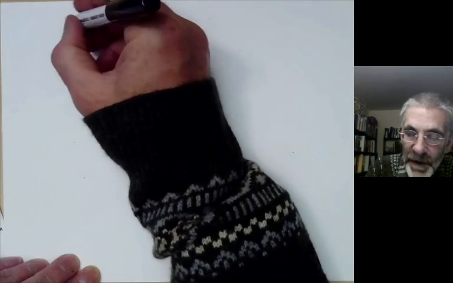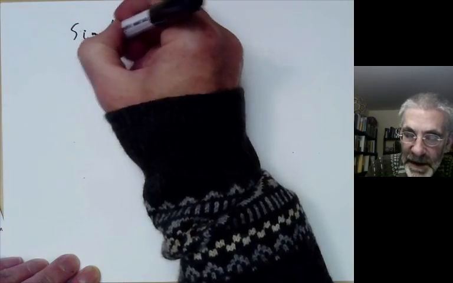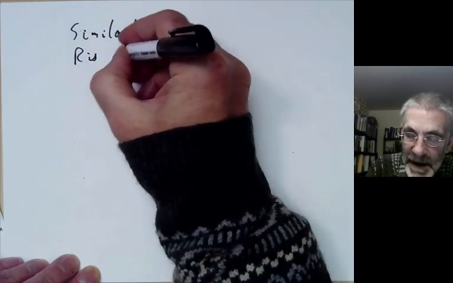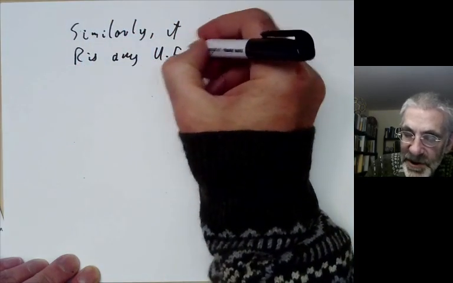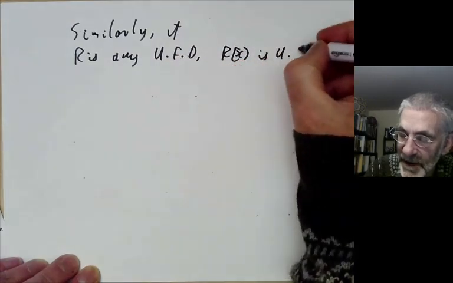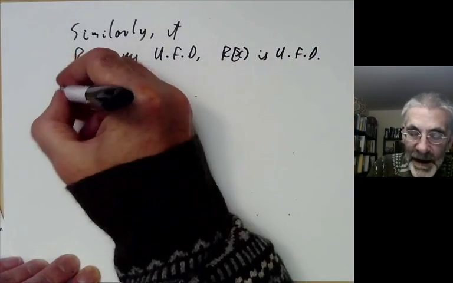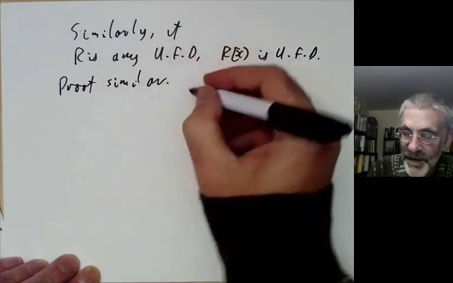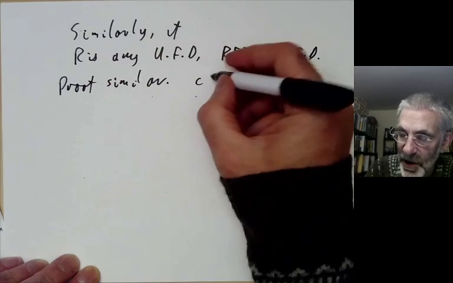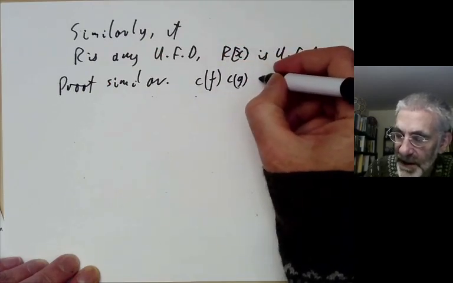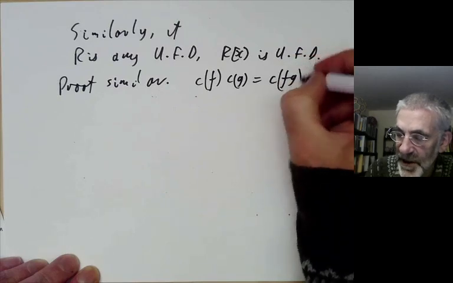Well, we can do more than that. So similarly, if R is any unique factorization domain, then R[x] is a unique factorization domain. And the proof is similar. We define the content of a polynomial, and we have to prove the content of f times the content of g is equal to the content of fg.